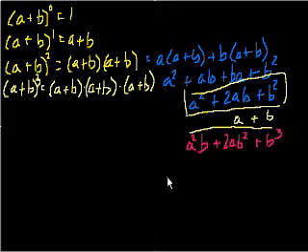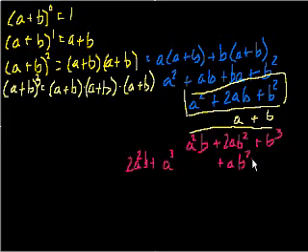Well, that's a cubed. None of these match that, so I'll put it in another column. A times 2ab, well, that's 2a squared b. And then a times b squared, well, that's plus ab squared, right?